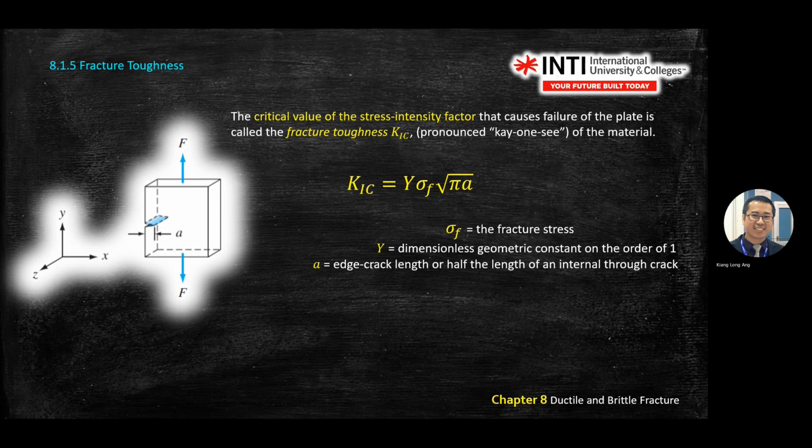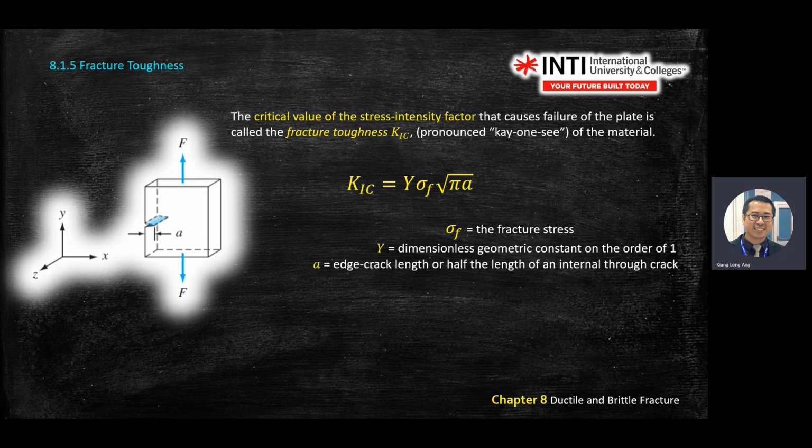So K1C, 1 means mode 1, C means critical. When you use the word critical, it means it has already failed. So you are using the fracture stress or the failure stress.